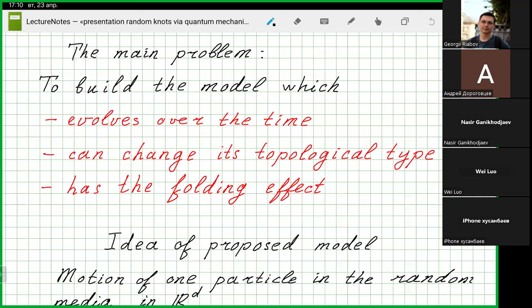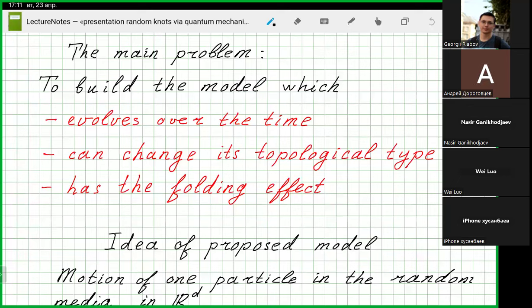We just have a random field, an isotropic Gaussian smooth random field, and consider the image under the action of this field of a moving circle, for example.